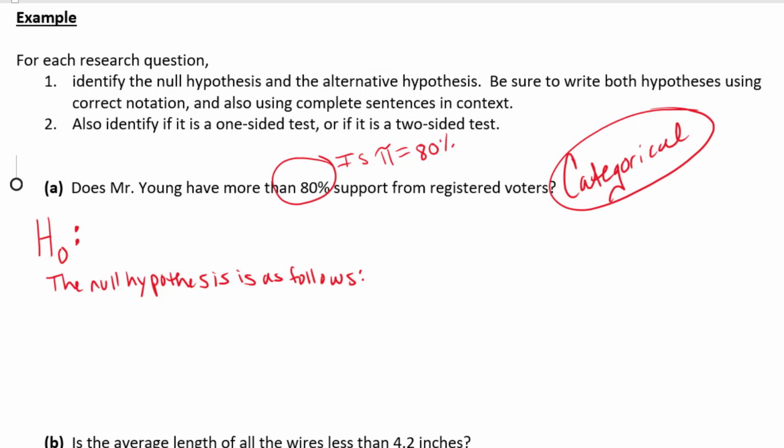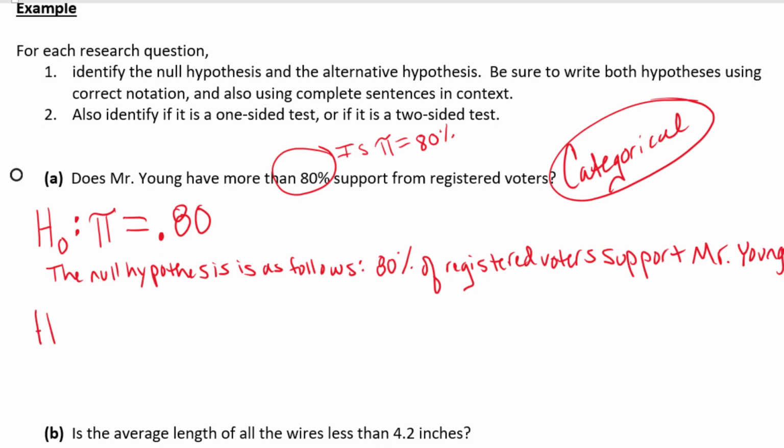We then follow that up by writing what we are assuming the population parameter is equal to. A null hypothesis always has an equal sign. So in this case, we are going to ask, is pi equal to 0.8? Is the population parameter equal to 80%? In context, this would mean that 80% of registered voters support Mr. Young.